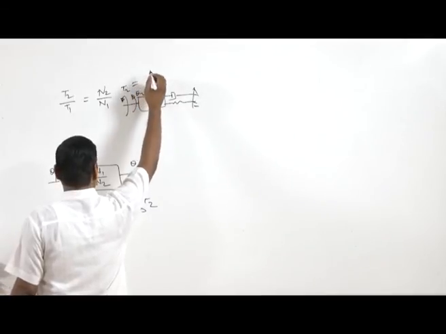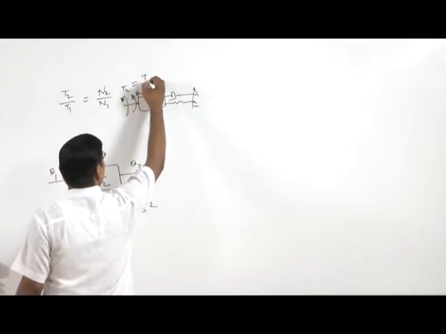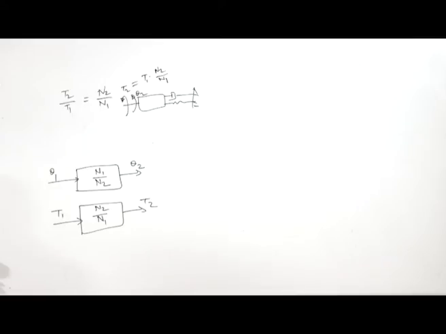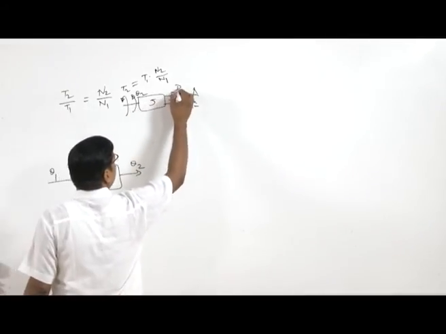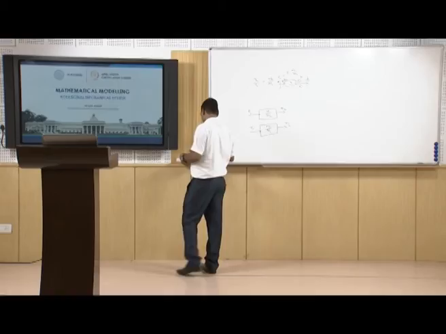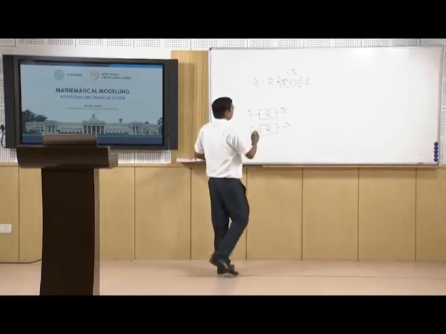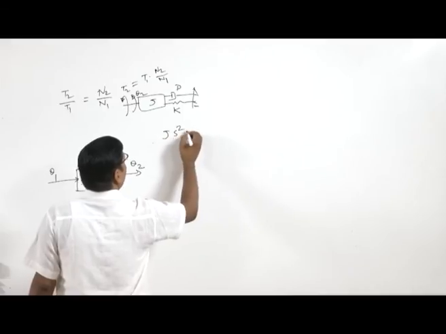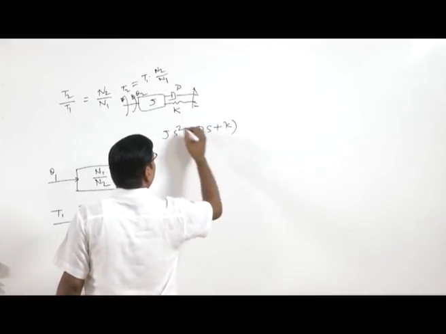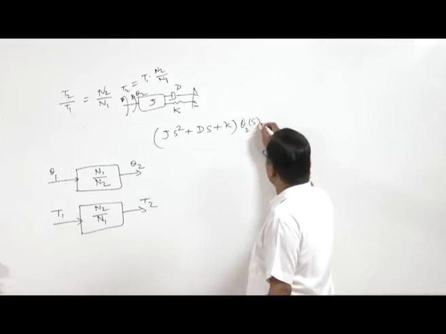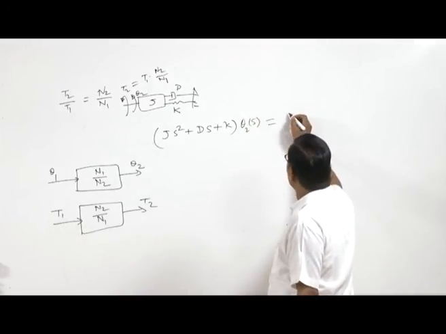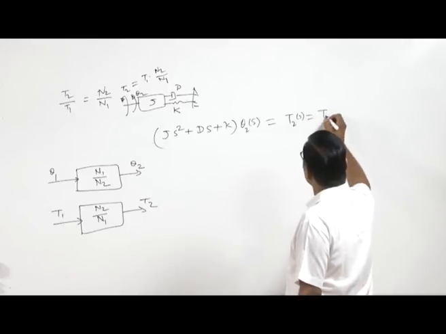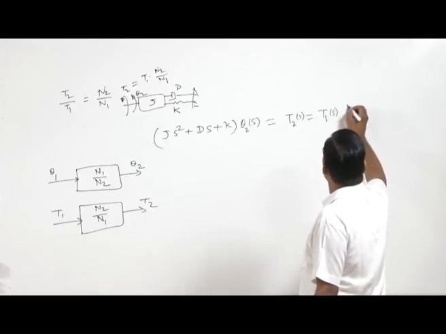So T2 equals T1 into N2 by N1, and this is J, this is D, this is K. So we can write the equation like Js square plus Ds plus K, theta 2 s equal to T2 s, and that is equal to T1 s into N2 by N1.